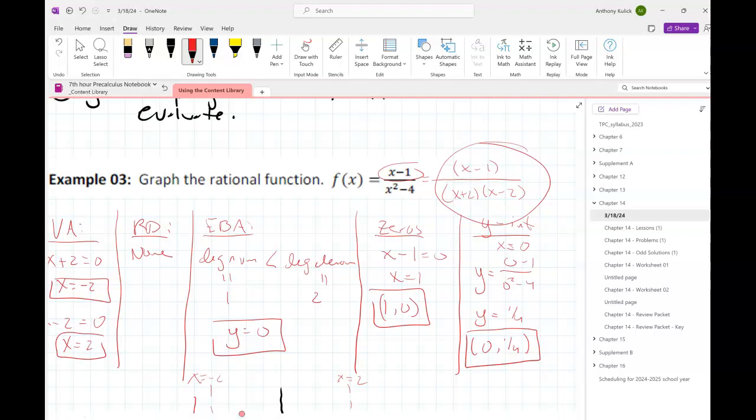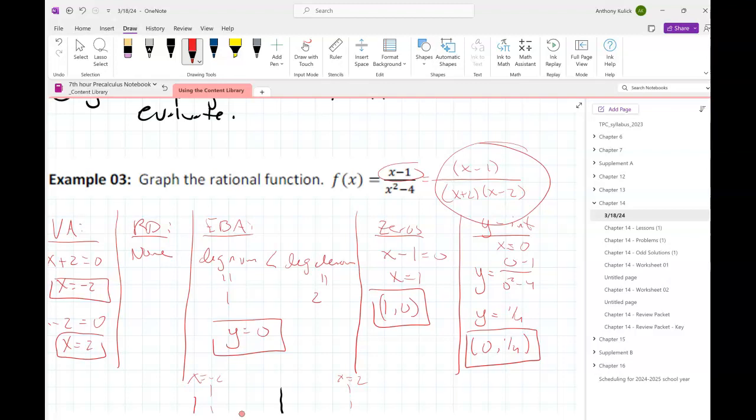So -3 minus 1 is negative, -3 plus 2 is negative, and -3 minus 2 is negative. So I have negative over negative times negative, which is negative over positive, which is just a negative.